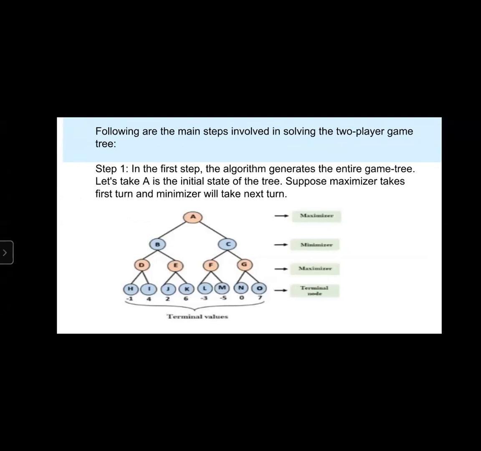Step 1. In the first step, the algorithm generates the entire game tree. Let's take A as the initial state of the tree. See the diagram.